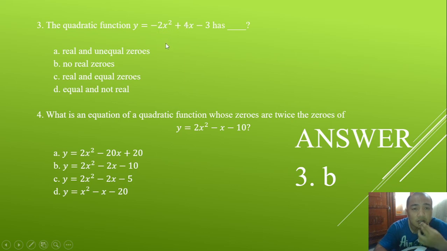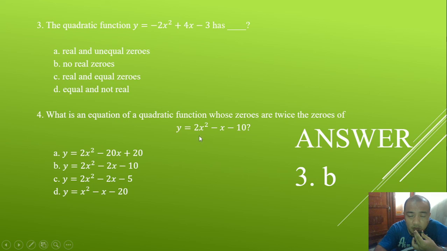Okay, it does not touch the x-axis. And if you're going to solve the quadratic equation here and you come up with an undefined answer or imaginary answers, then of course there are no real zeros. Next, number 4. What is an equation of a quadratic function whose zeros are twice the zeros of this?